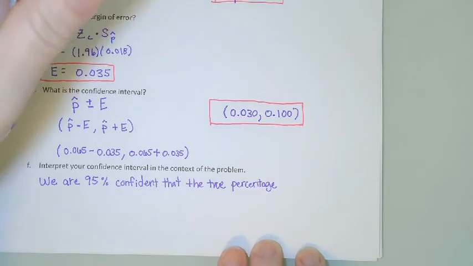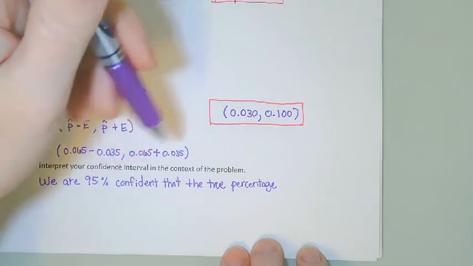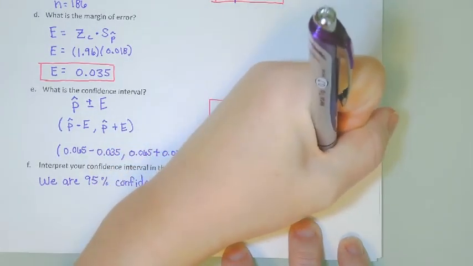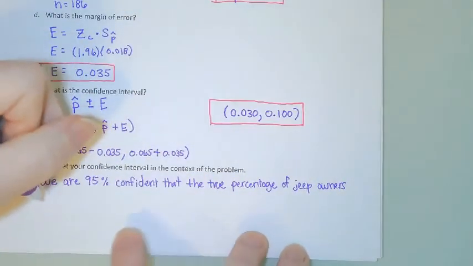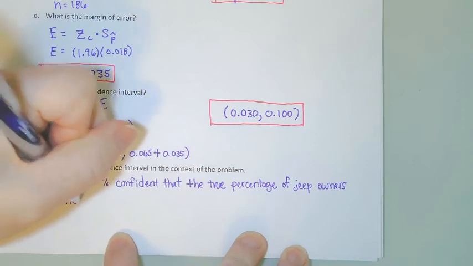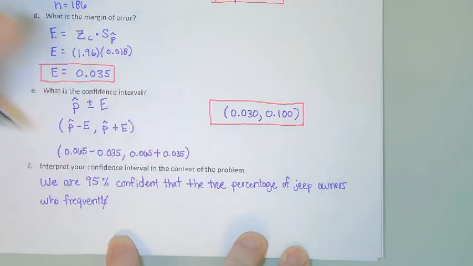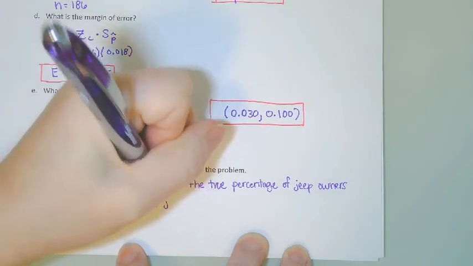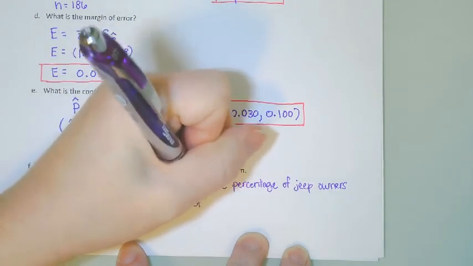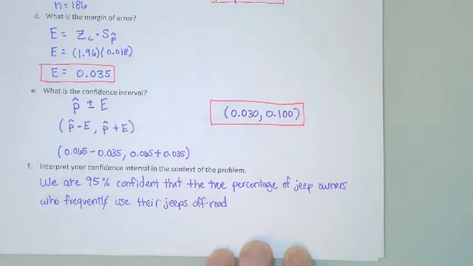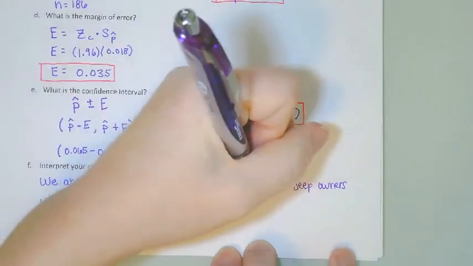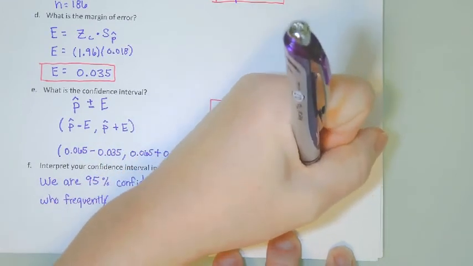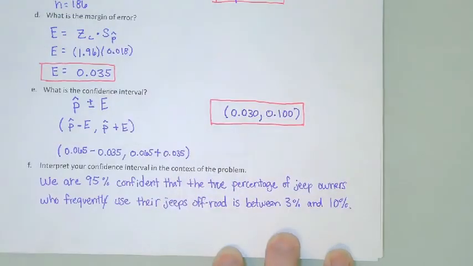So we're 95% confident that the true percentage of Jeep owners who frequently use their Jeeps off-road is between 3% and 10%.